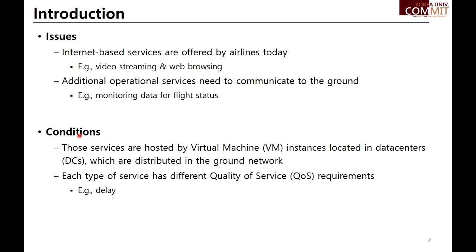So the conditions are: services above are hosted by virtual machine instances, which are located in data centers, and data centers are distributed in the ground network. Each type of service has different quality of service requirements, like delay.